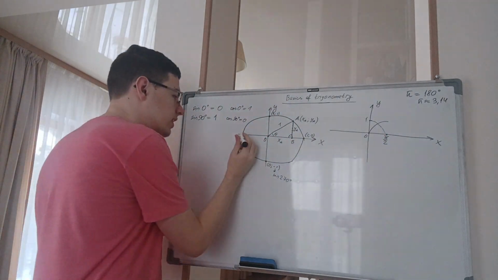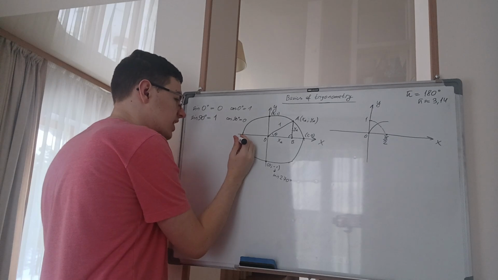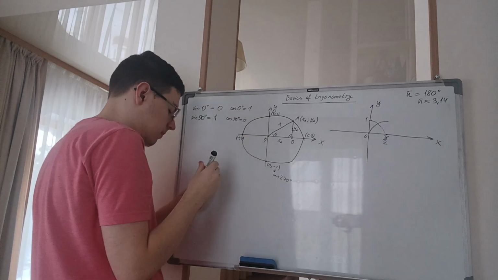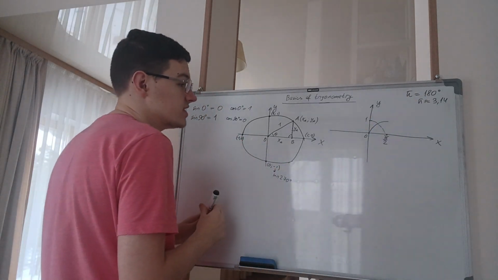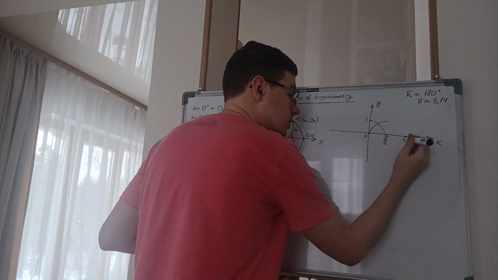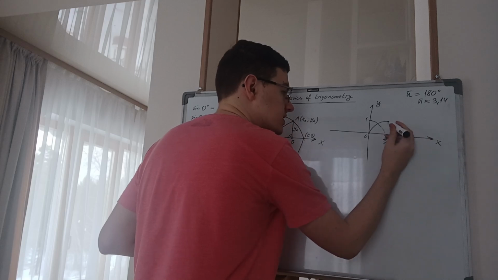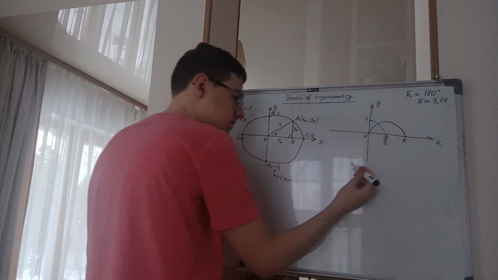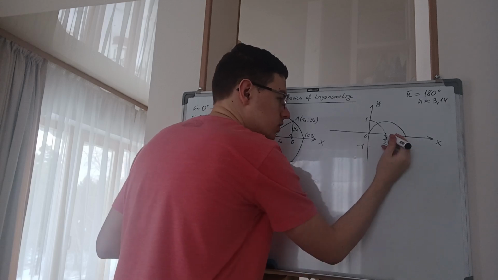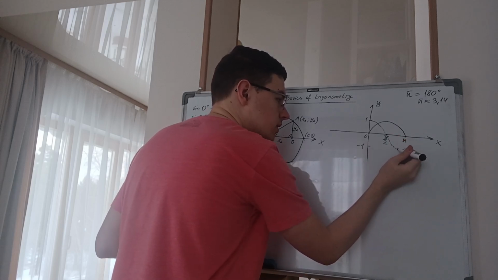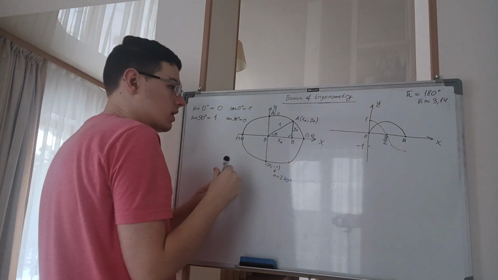So when going till 180 degrees, that means till pi, since pi is 180 degrees, the sine will begin to fall till 0. And the cosine will reach its minimum value of minus 1 this way.